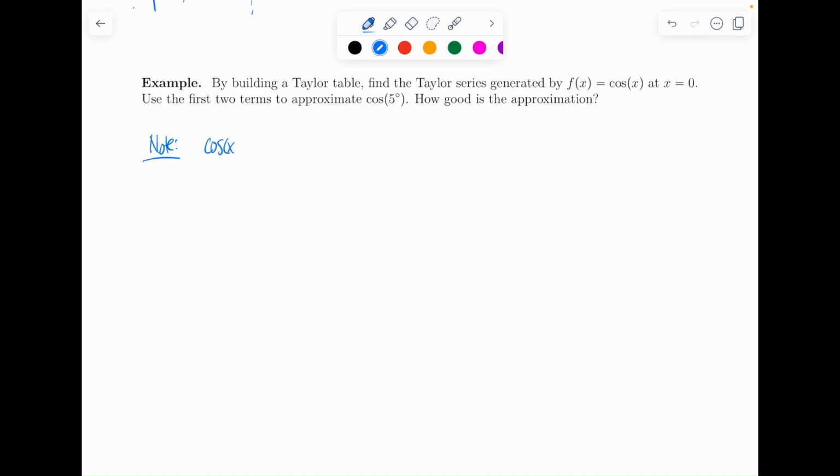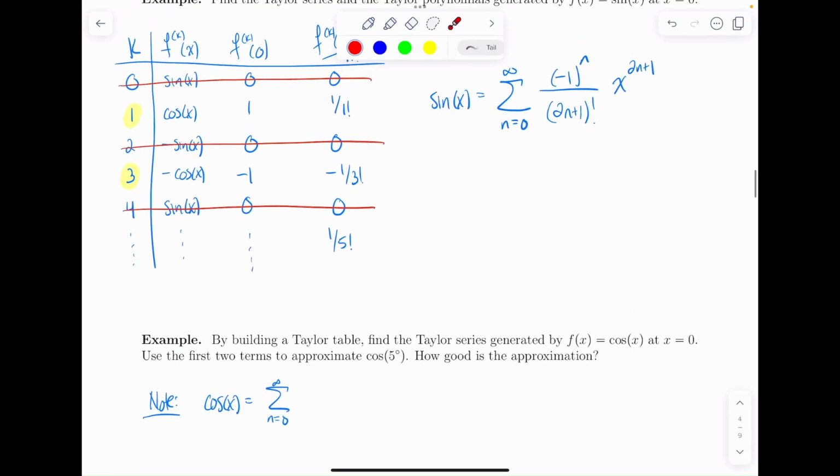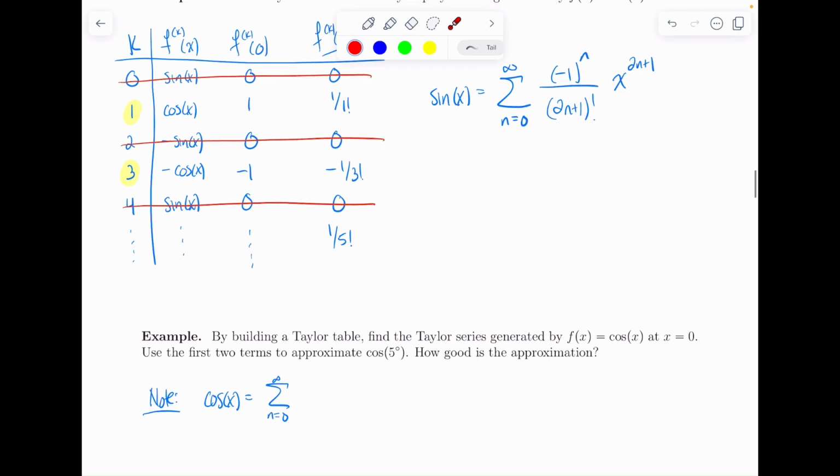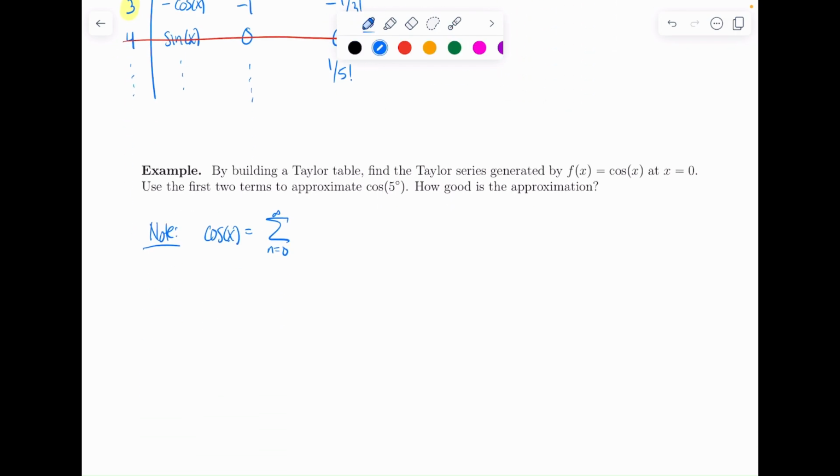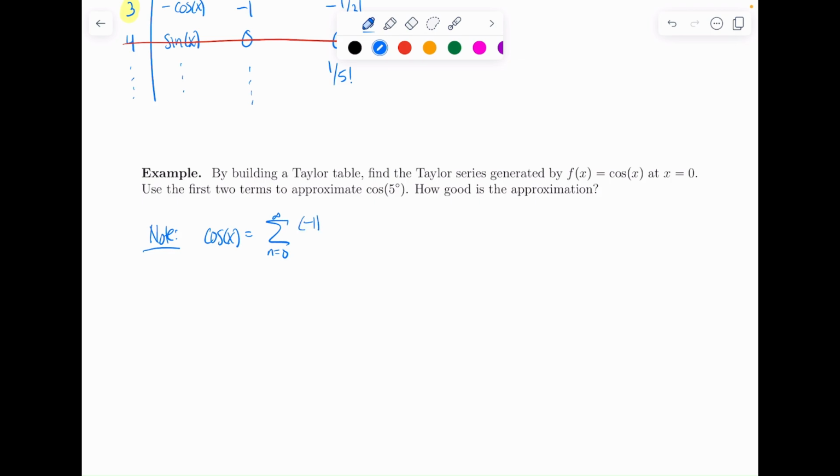Cosine of x is almost exactly this series, but predictably, instead of surviving the sines, you have surviving cosines. And so instead of basically surviving the odd numbers, you're surviving the even. So this is going to be negative 1 to the n over 2n factorial, those are even numbers, times x to the 2n.